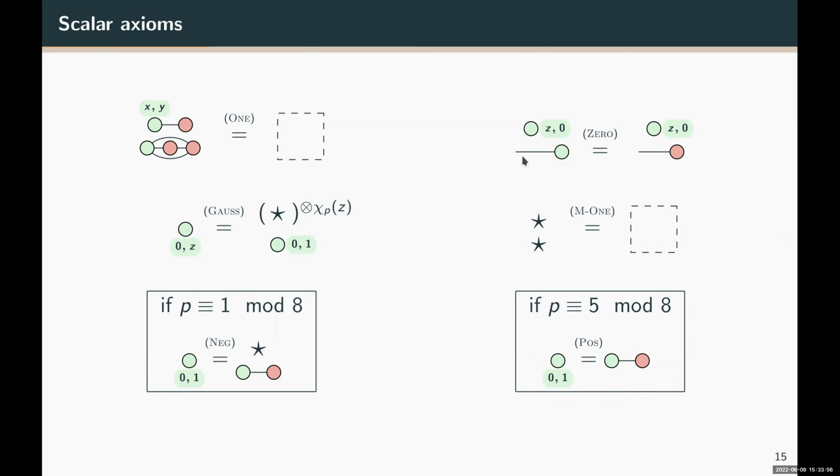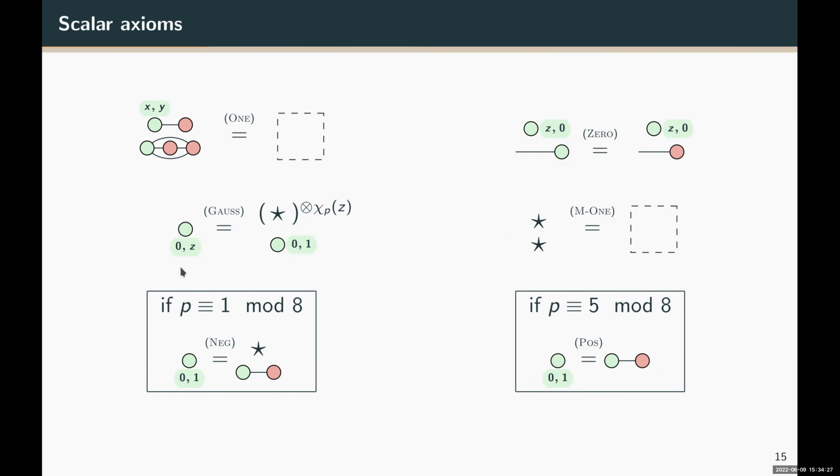And these equations, just like in the qubit case, allow us to cut up any diagram in order to prove that every diagram that contains some 0 diagram is just the canonical 0 diagram. And then we have a sequence of four equations which are used for taking care of the pure Clifford scalars.